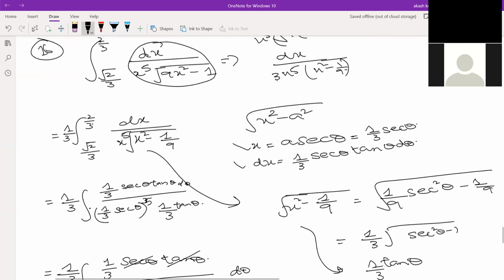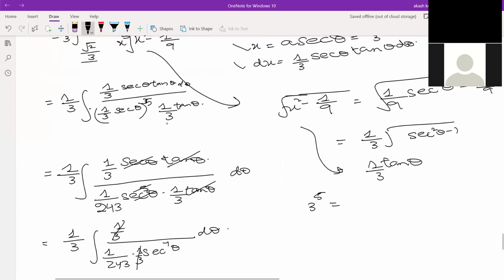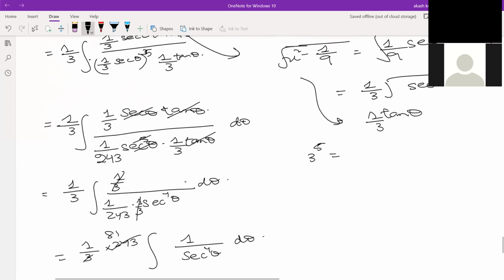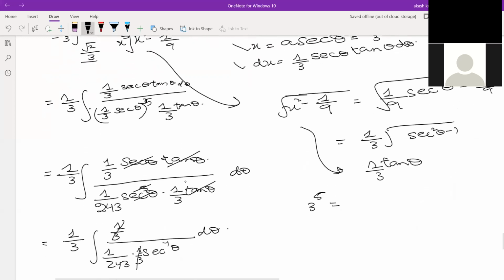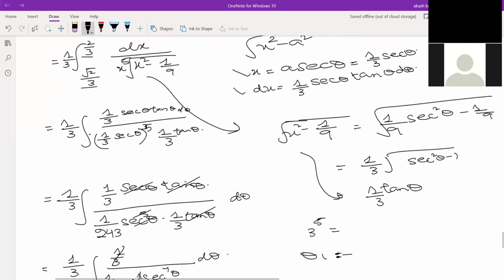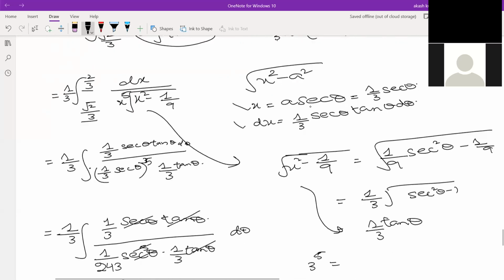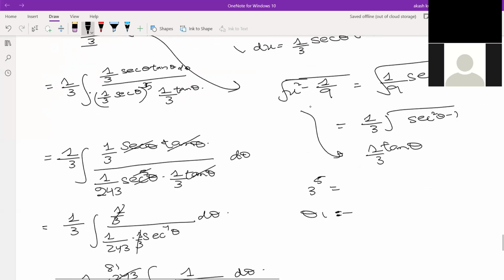Okay, and we had some limits as well, 2 by 3 and square root 2 by 3. So these limits were in the form of x. We have converted now everything into theta. So my theta 1 will become, here, x was 1 over 3 sec theta.